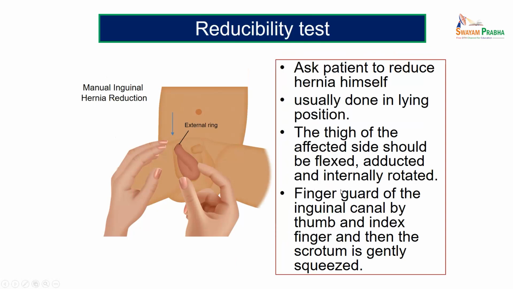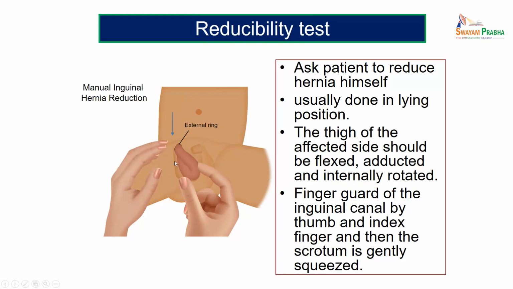Next is reducibility. Usually the patient himself will reduce the swelling. But if the doctor has to reduce it, the patient has to lie down, and the thigh of the affected side should be flexed, adducted and internally rotated.